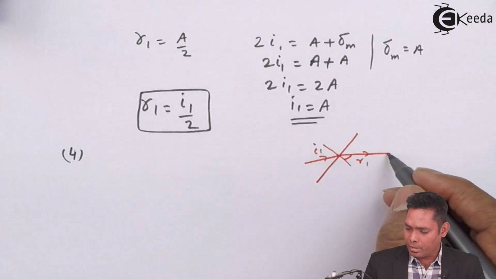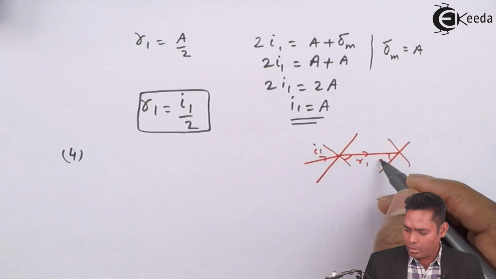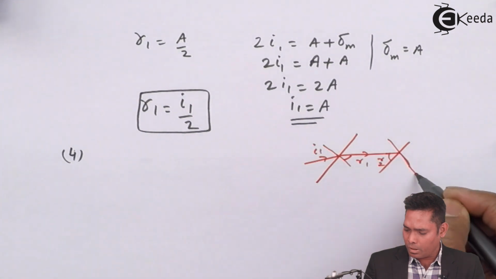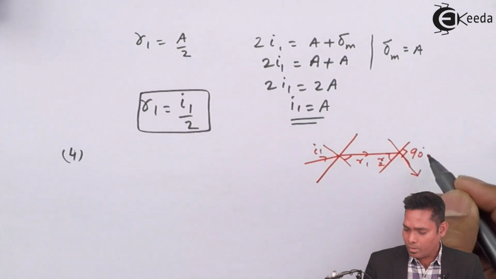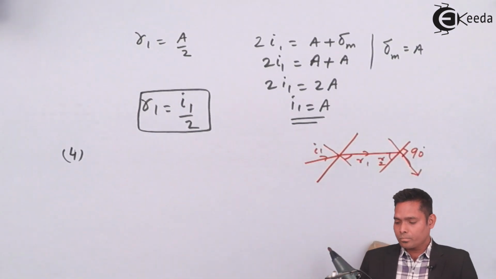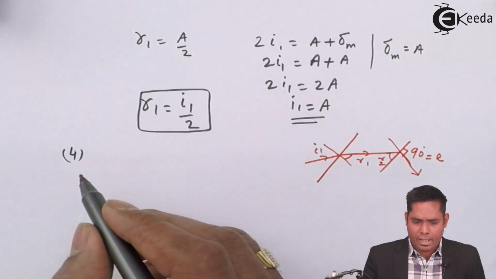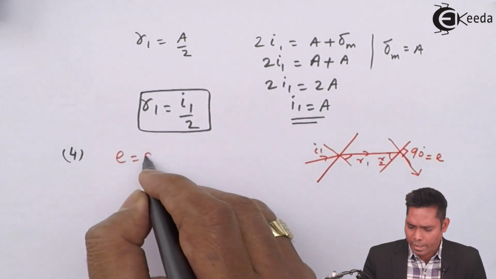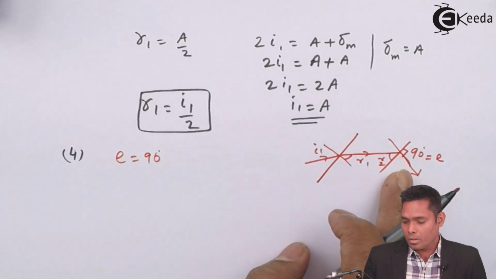On this side, this is my R2, and this angle should be 90, and that is equal to E. So I have E equals 90 for the ray to graze the surface.